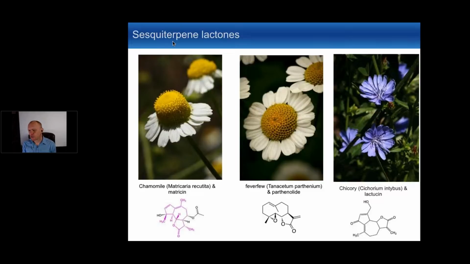And then on the right-hand side, we've got chicory. So chicory is used as a digestive tonic. The roots are ground up and toasted and often used as a coffee substitute. The bitter quality associated with chicory is related to lactucin. Now, lactucin is a sesquiterpene lactone. You also will find this in, what do you call that?